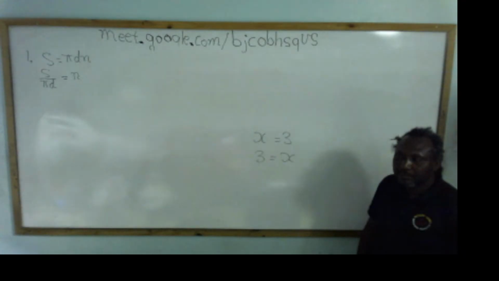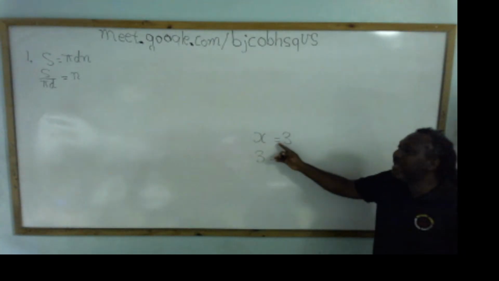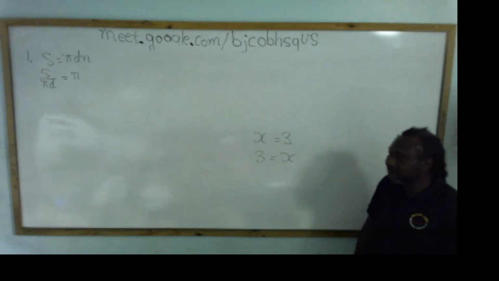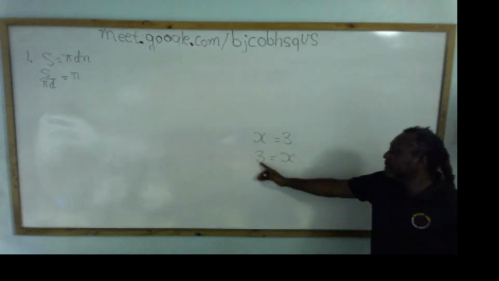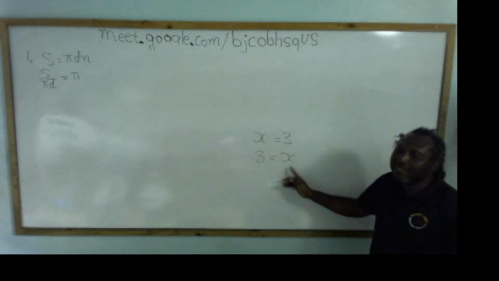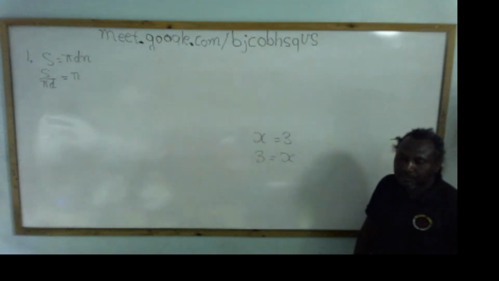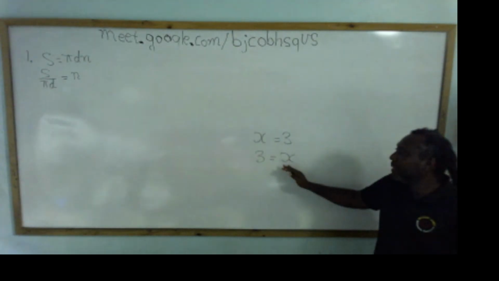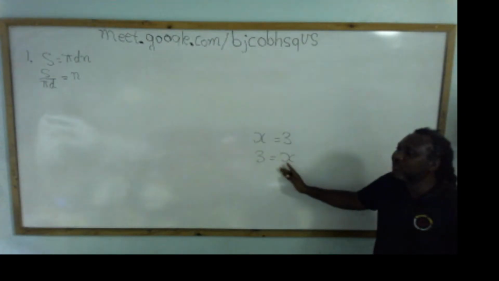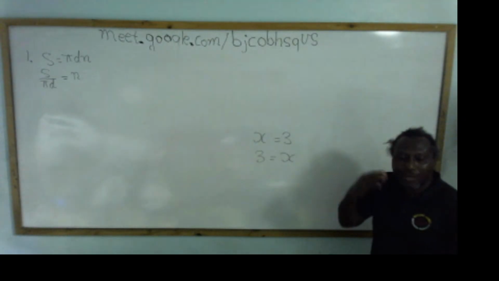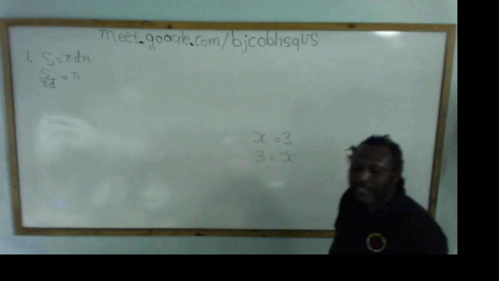Of course, the value of x may be equal to 3. But in this particular case, you are taking it for granted that x can only have a single value. So this one is a more sophisticated expression than you are looking at. Because the equal sign is not a two-sided sign.